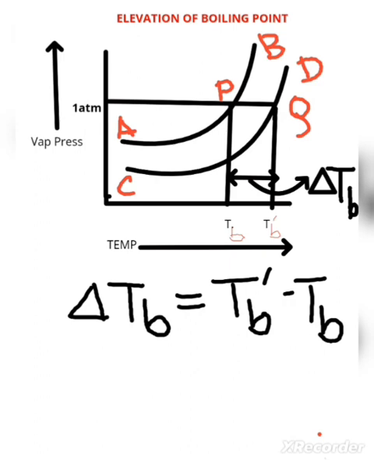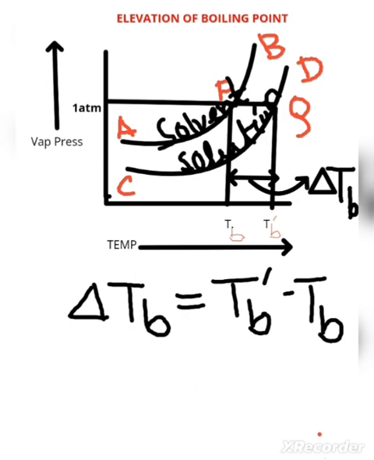atmosphere. Now over here AB and CD are two curves, where AB indicates the curve of the pure solvent and CD indicates the curve of the solution. Why is the AB curve higher than the CD curve?